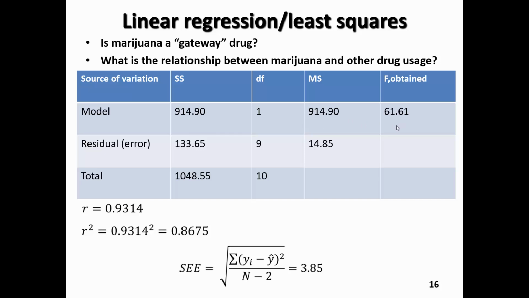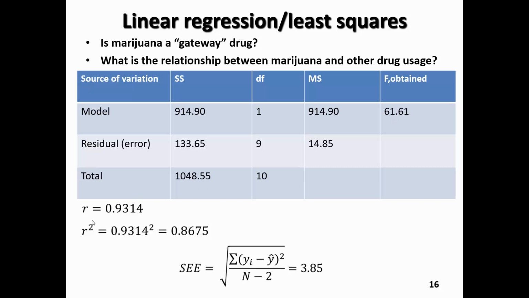So this large F statistic would certainly reject the null hypothesis and lead us to conclude that the alternative is a plausible explanation for the data, in that the slope is not equal to 0.